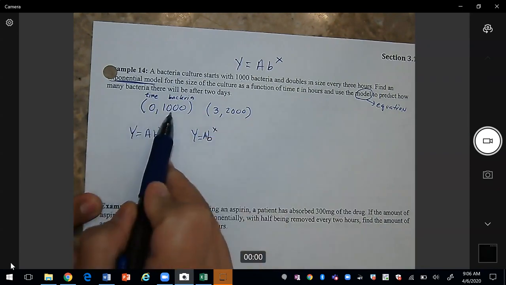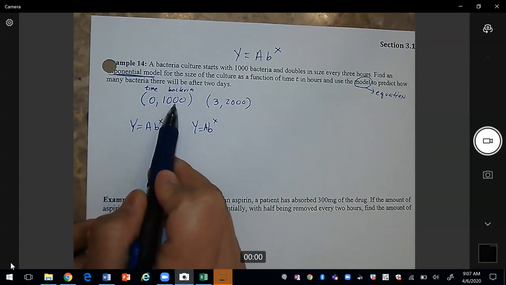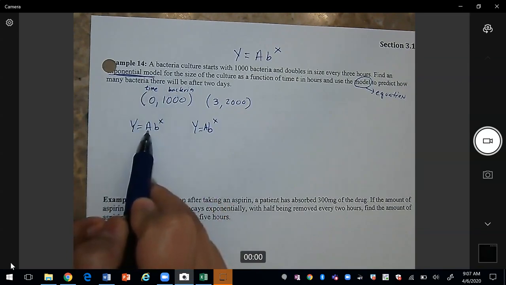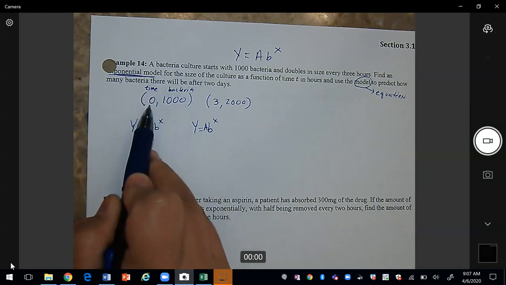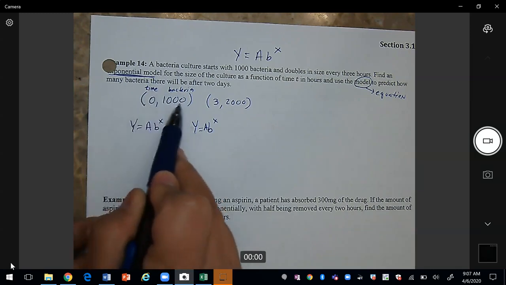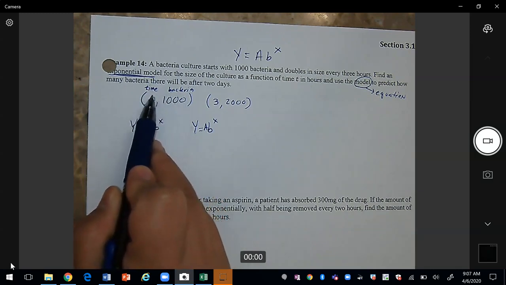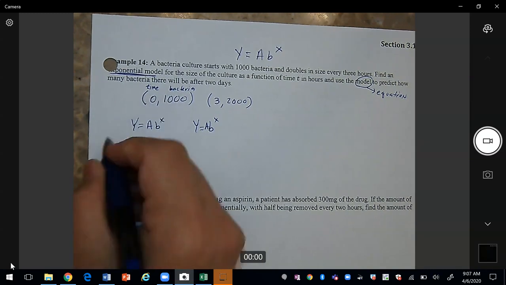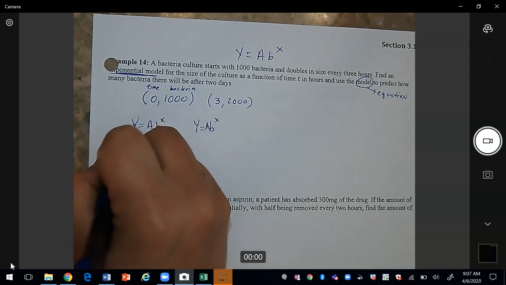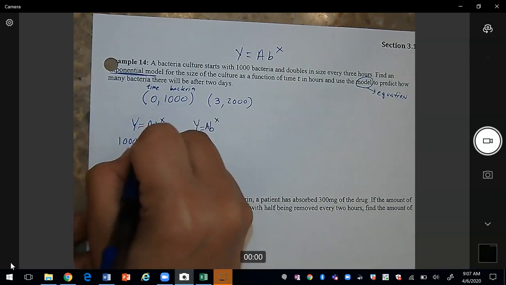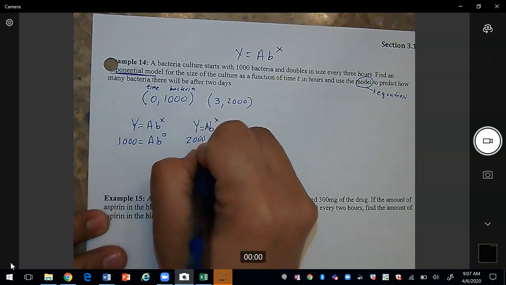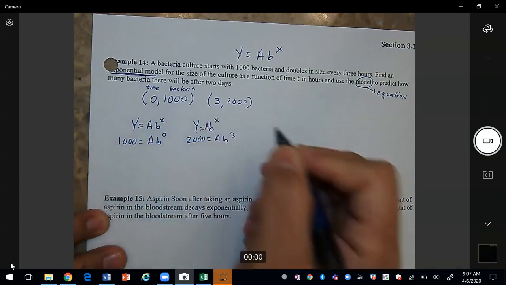And you're going to notice that this value 1,000 is actually already the value for A, because notice that x is equal to 0, so that makes this the y-intercept. But if you're not sure or you want to follow the process, then we can do that as well. So y is 1,000 and x is 0, y is 2,000 and x is 3.